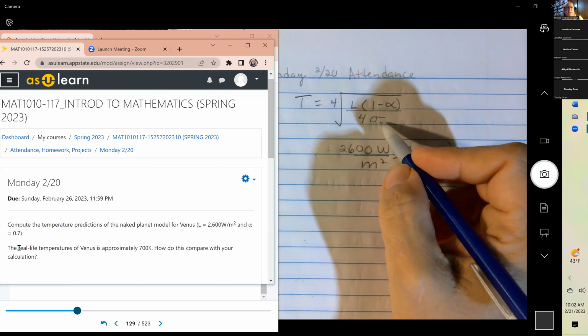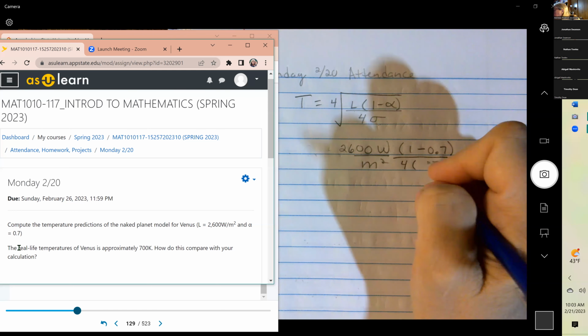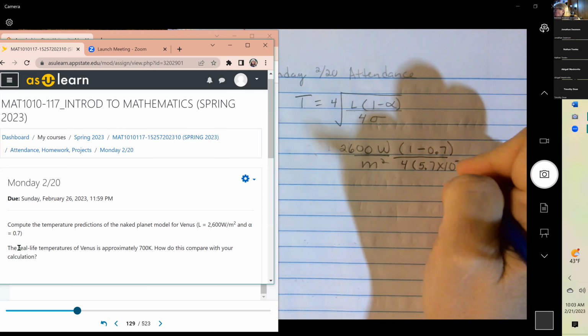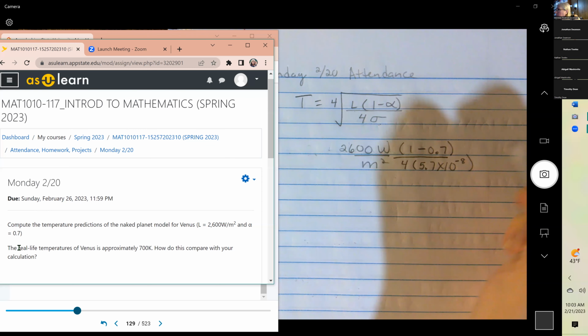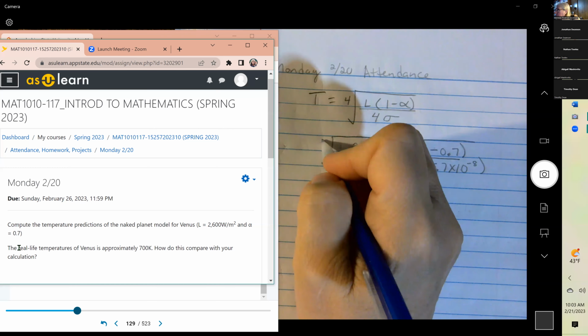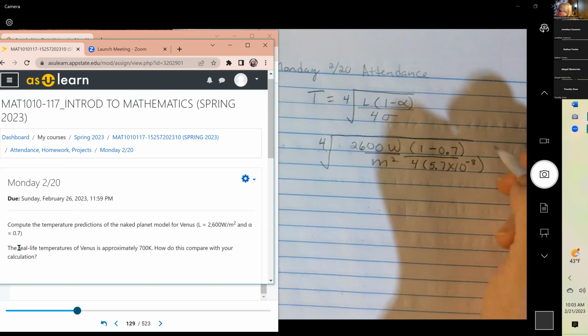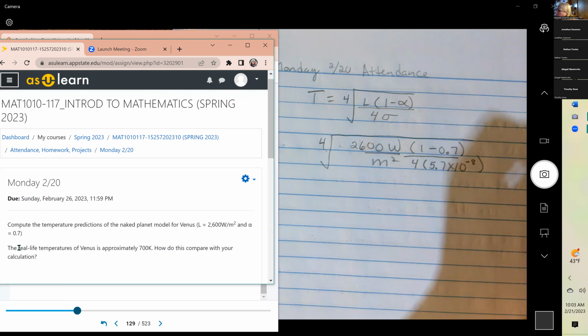And this is from Stefan's law. It's 5.7 times 10 to the negative 8. And there should be meter squared. I forget which unit is meter squared.